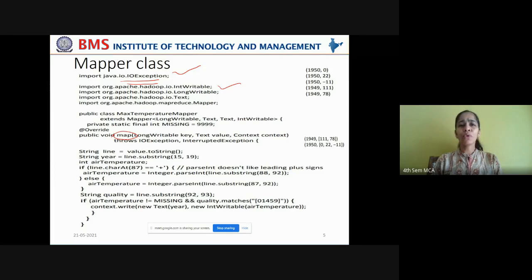Import org.apache.hadoop.io.IntWritable. What are these extra classes, wrapper classes? You know that in Java, everything is treated as a class. Even the data types are treated as classes. You have wrapper classes like Integer. See the bottom of this slide, I'm writing here, Integer, Double, String.